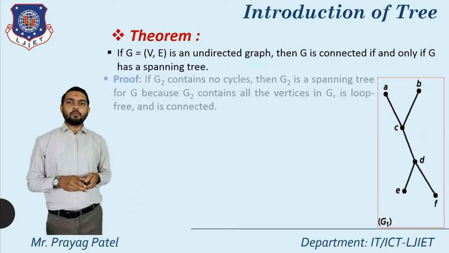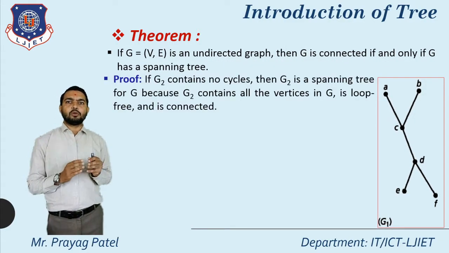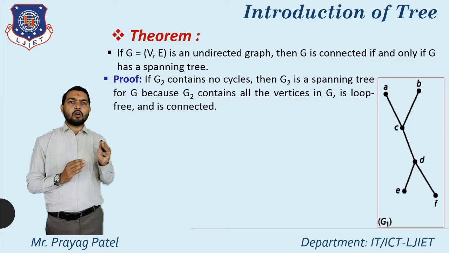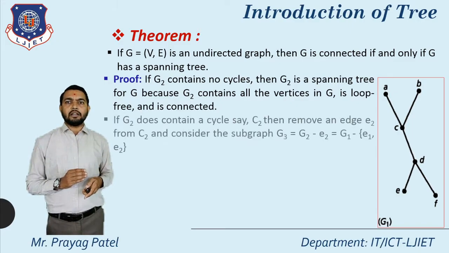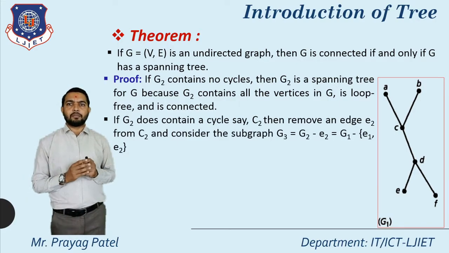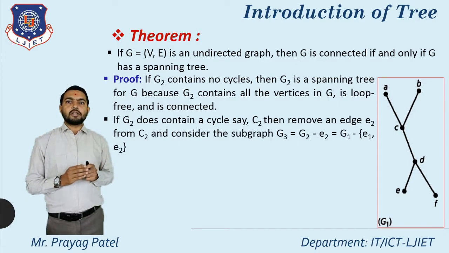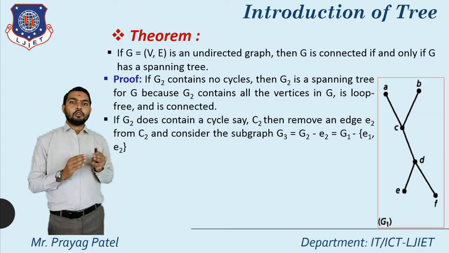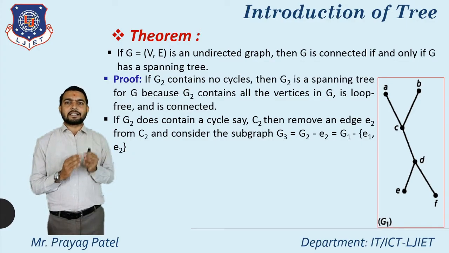Now in the same way we have to perform this operation. If G2 contains no cycle, then G2 is a spanning tree for the graph G, because G2 contains all the vertices in G, is loop free and is connected. So we can say that it is a spanning subtree. Now if G2 does contain a cycle, that means one cycle is available in G2 also, so we consider the cycle as C2.